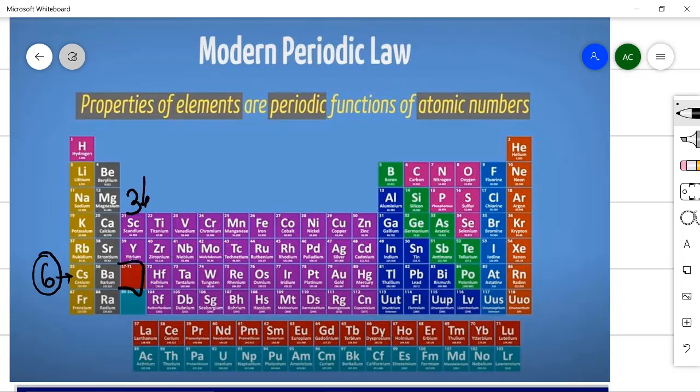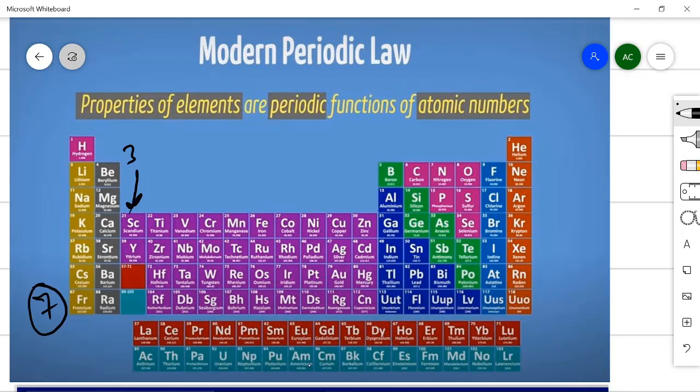So in group third B, that is group number 3 of the sixth period, there is a set of elements with atomic number 57 to 71, starting from lanthanum to lutetium, and these are known as lanthanides. Now these lanthanides are also called rare earth elements.